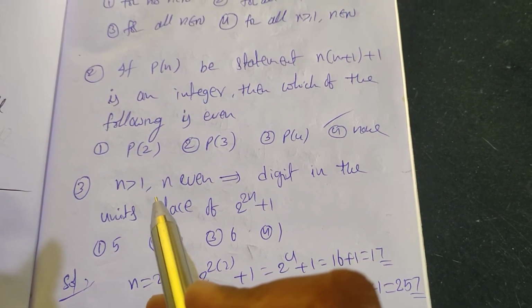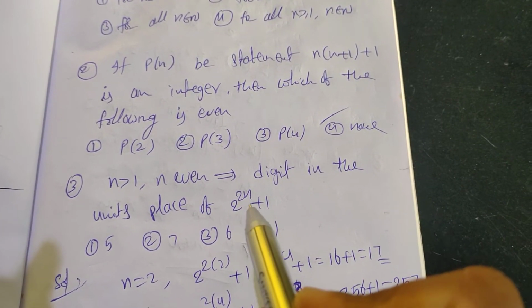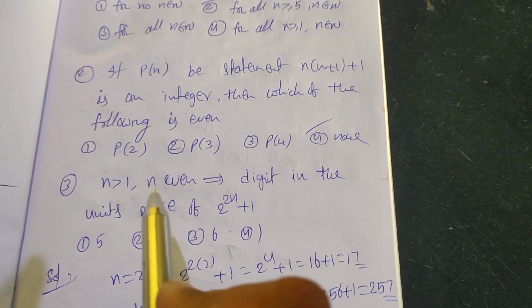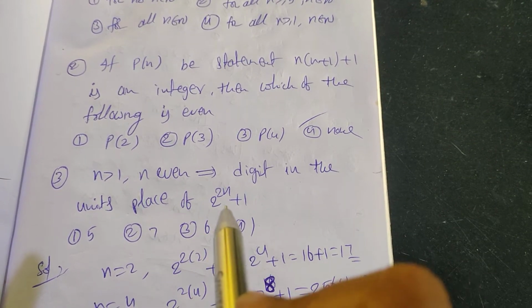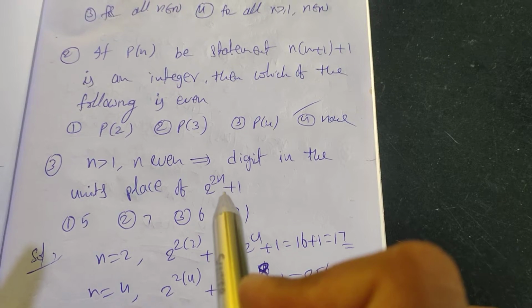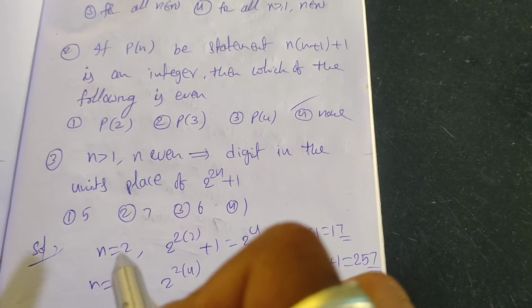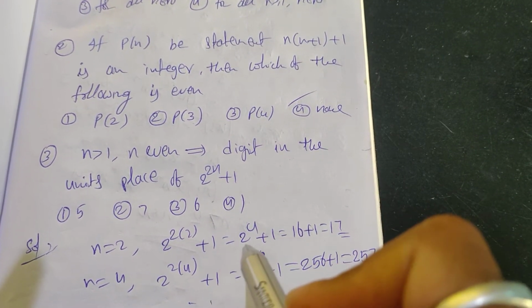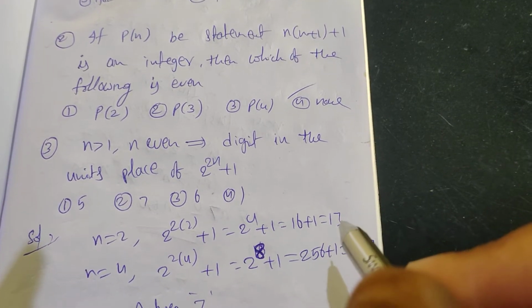Now go to the third question. For n greater than 1, n even, implies the digit in the units place of 2 power 2n plus 1. So after greater than 1, you should consider only even numbers. If you substitute even numbers, what is the unit digit? First take n equals 2, the first even number: 2 power 2 into 2 plus 1, that is 2 power 4 plus 1, which means 16 plus 1, equal to 17.